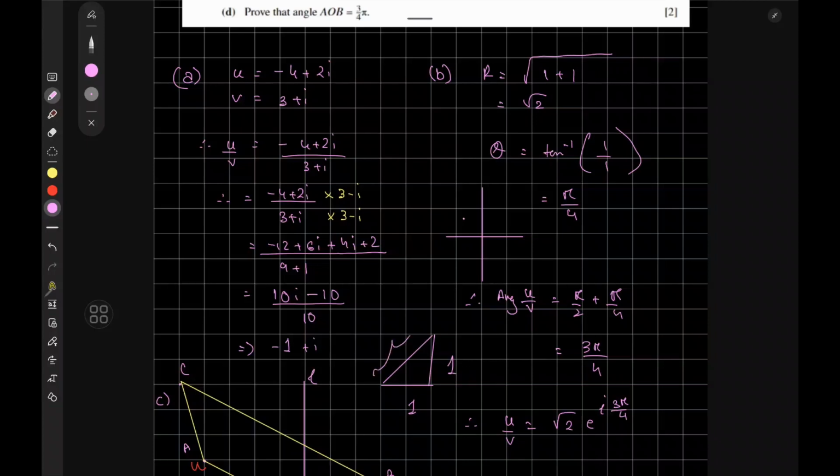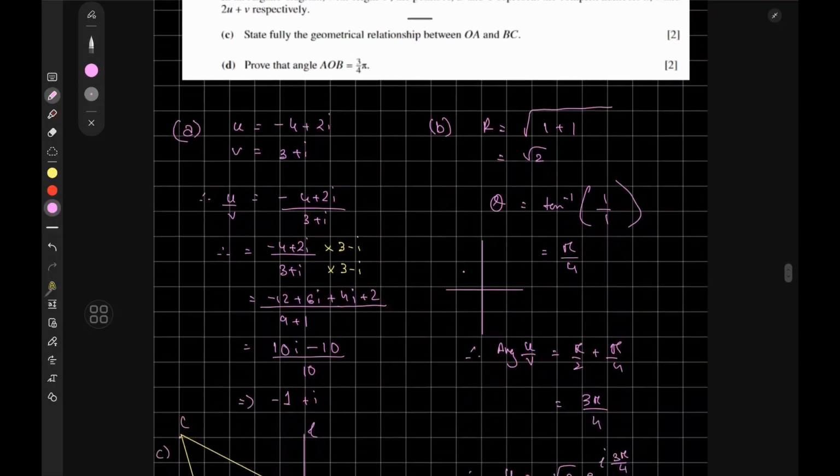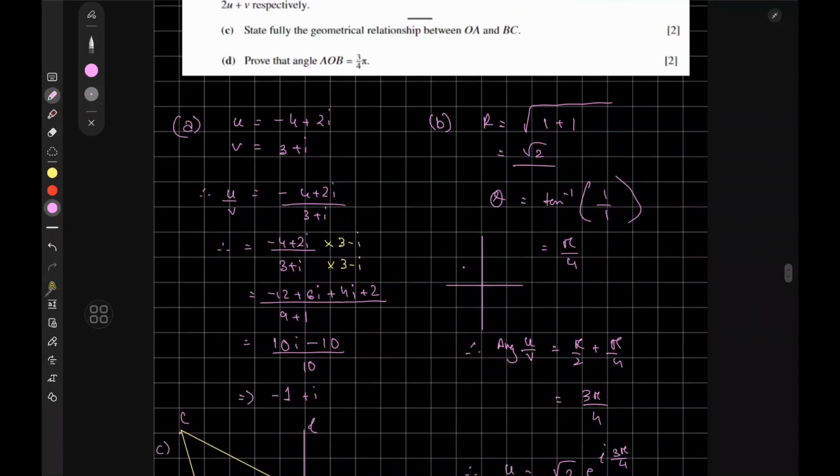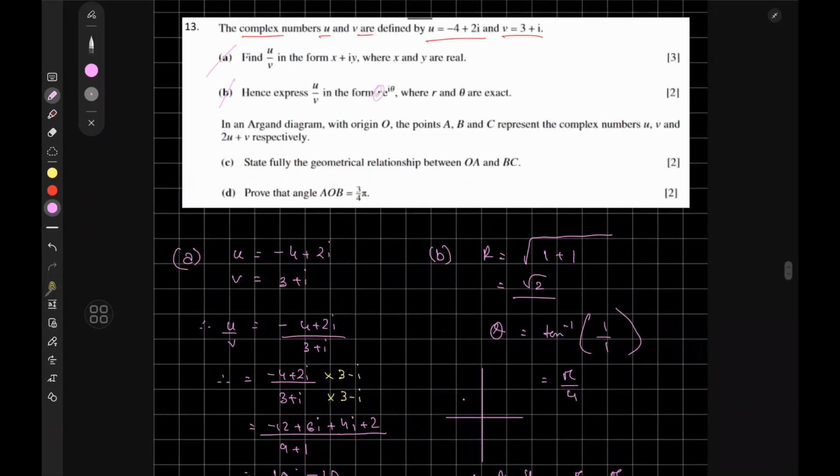So this value is going to be given by 1 plus 1 under a root. We are basically using the Pythagoras theorem. So we have received a value of root 2 as the magnitude, or mod u by v. Anyways, so we now know the value of r.